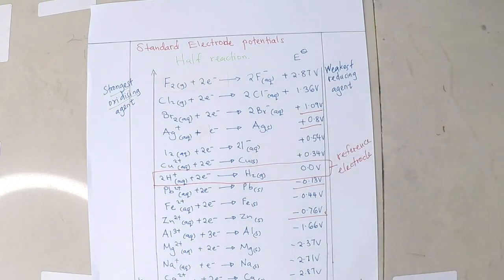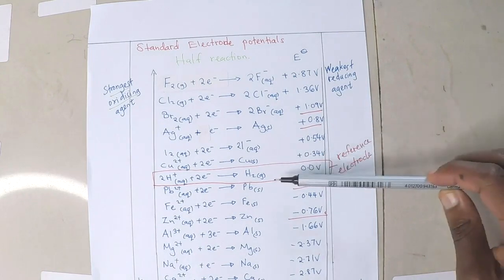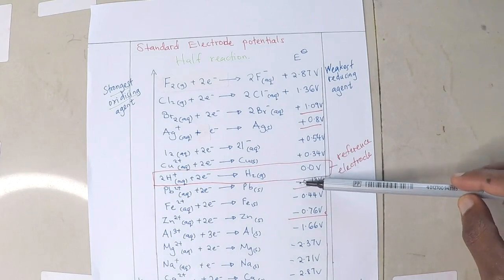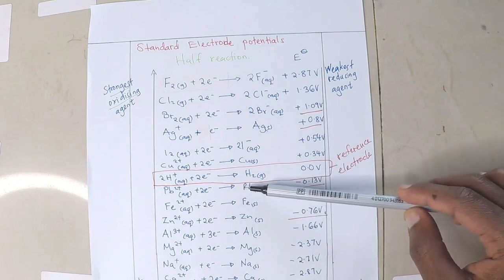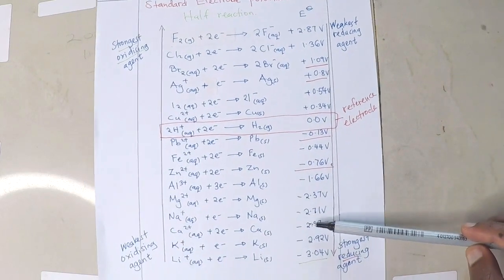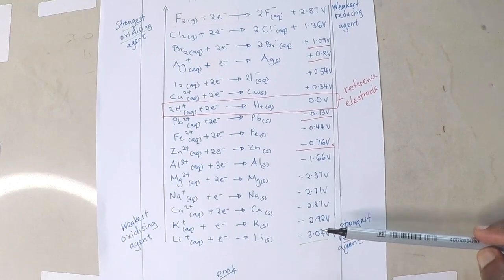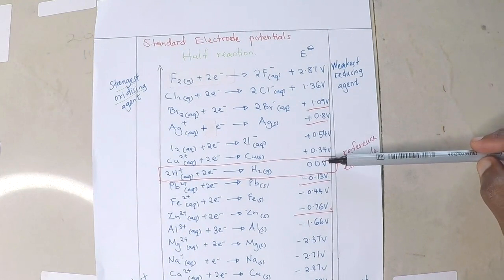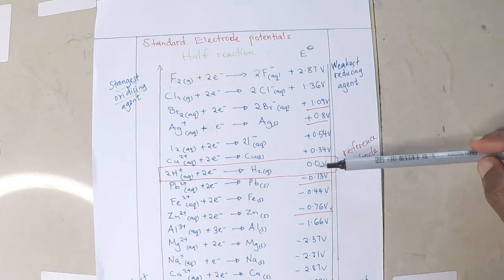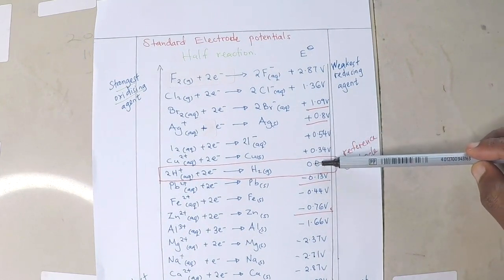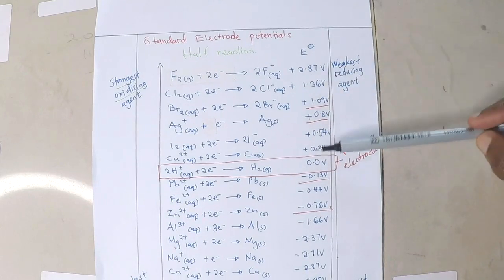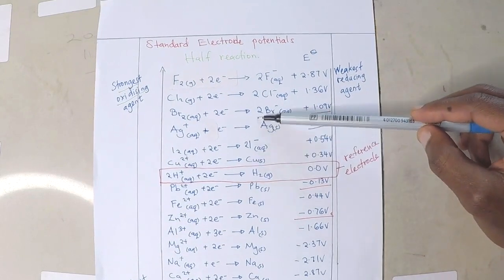If an element is a stronger reducing agent than hydrogen, then the electrode potential value will be negative, like you see from lead all the way down to lithium. On the other hand, if an element is a weaker reducing agent than hydrogen, then the electrode potential is going to be a positive sign. In this case, you can see from copper all the way to fluorine.